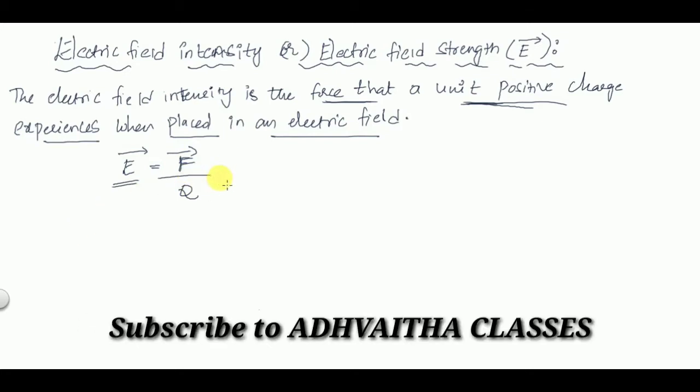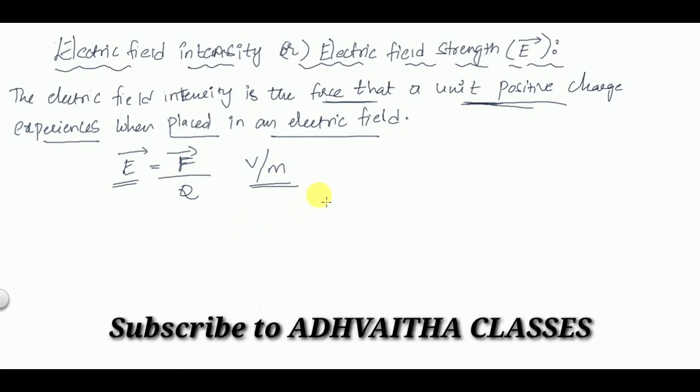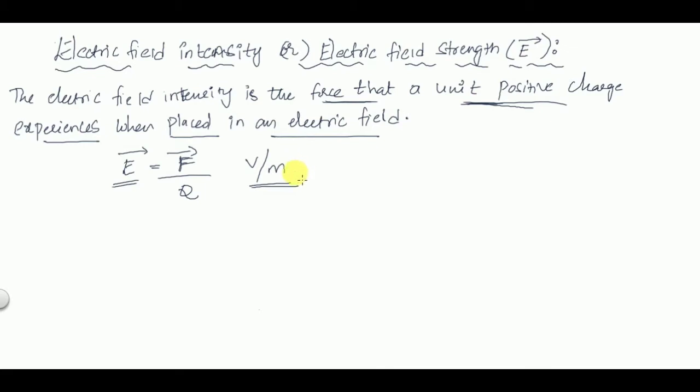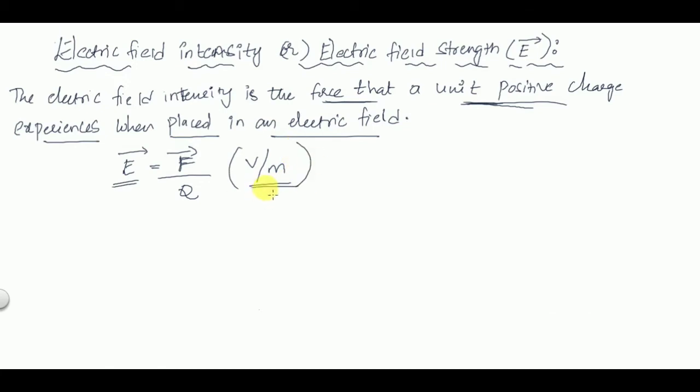What are the units for this electric field strength? It is volt per meter, because we will see that it is the ratio of electric potential to distance between the charges. That we'll see later, but you have to remember the units: volt per meter.